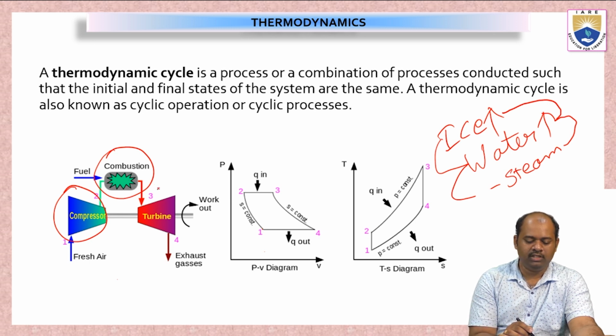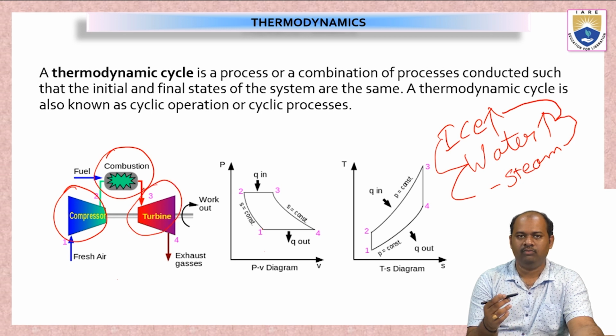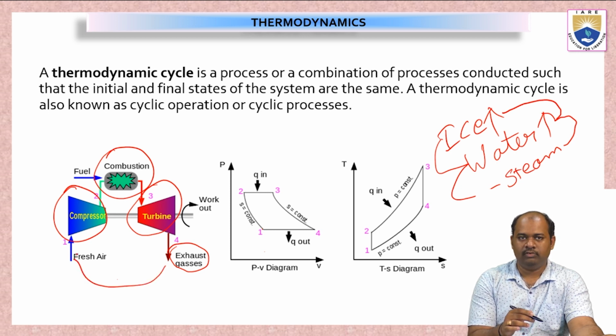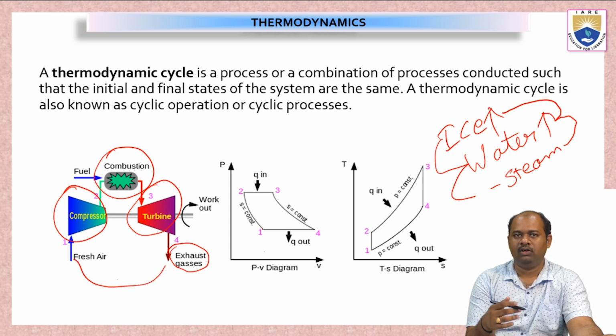This high pressure gas will be sent into the turbine where the turbine will rotate. That means it is converting the heat energy into mechanical energy, and after that the exhaust gases coming out of the turbine will be sent back into the compressor along with some fresh air so that we can repeat the cycle.